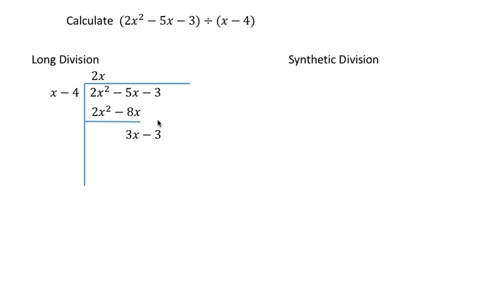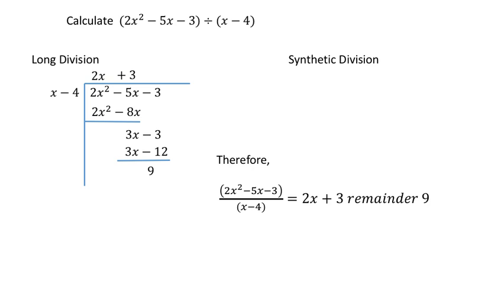Okay, and bring down the 3. Okay, what do I multiply x by to get 3x? It's 3. So there's a plus 3. Times it by 3. Minus 12. Subtract these, and you got a leftover of 9. Remainder of 9. So what that means is we've got 2x plus 3 remainder 9.